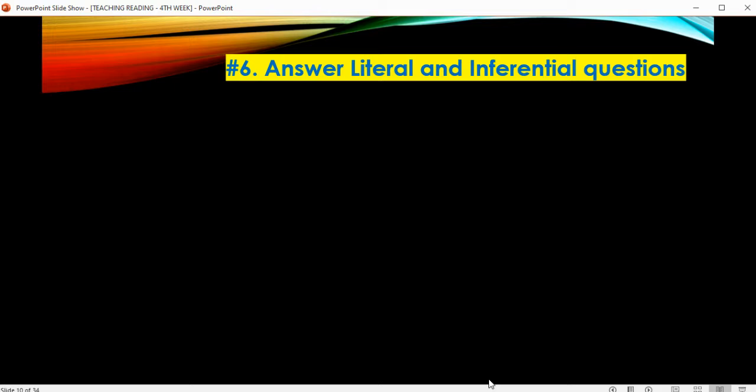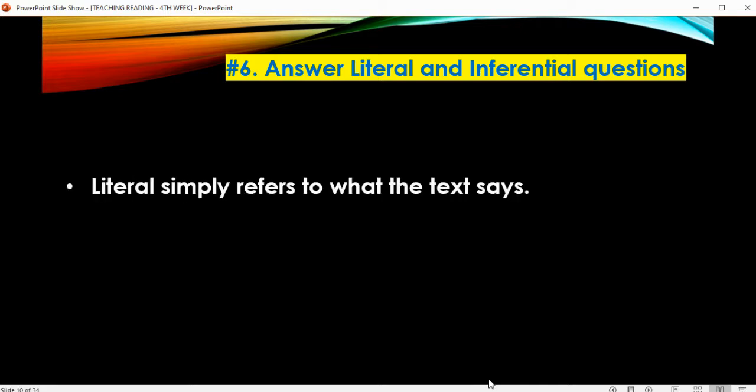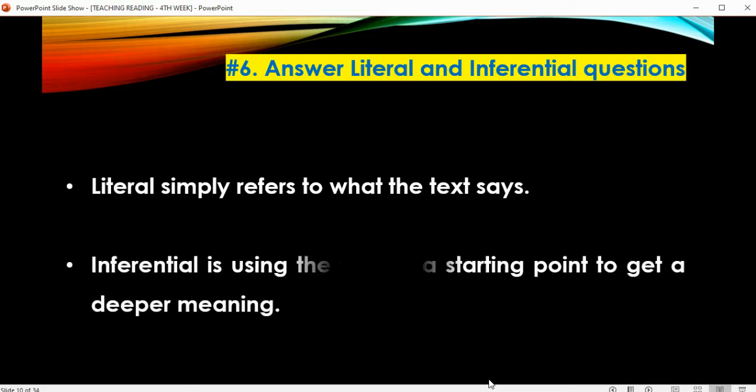The sixth activity is related to the kind of meaning. Remember, when we read a text, we have two kinds of meanings: the literal and inferential. So we are going to answer literal and inferential questions. Literal simply refers to what the text says, and inferential is using the text as a starting point to get a deeper meaning.